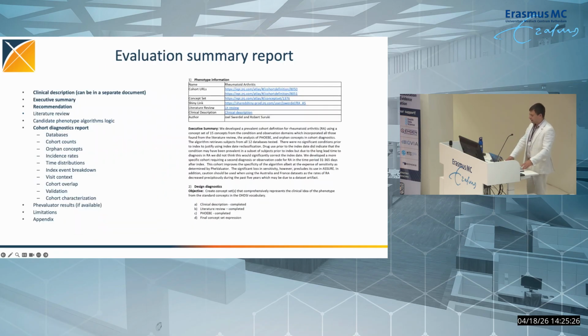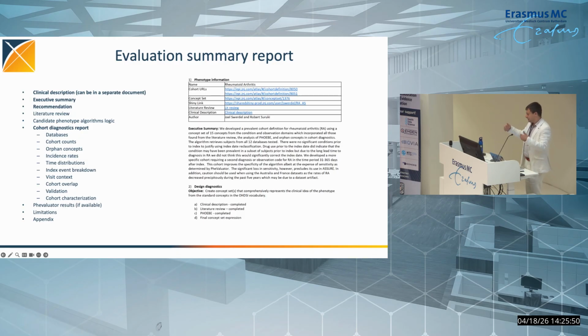Here you have this supporting document, which is quite an important artifact alongside a cohort, because here you can understand why people made a decision, for example, why they chose to have two codes within 30 days to make it more specific, or to add drugs as one of the criteria.